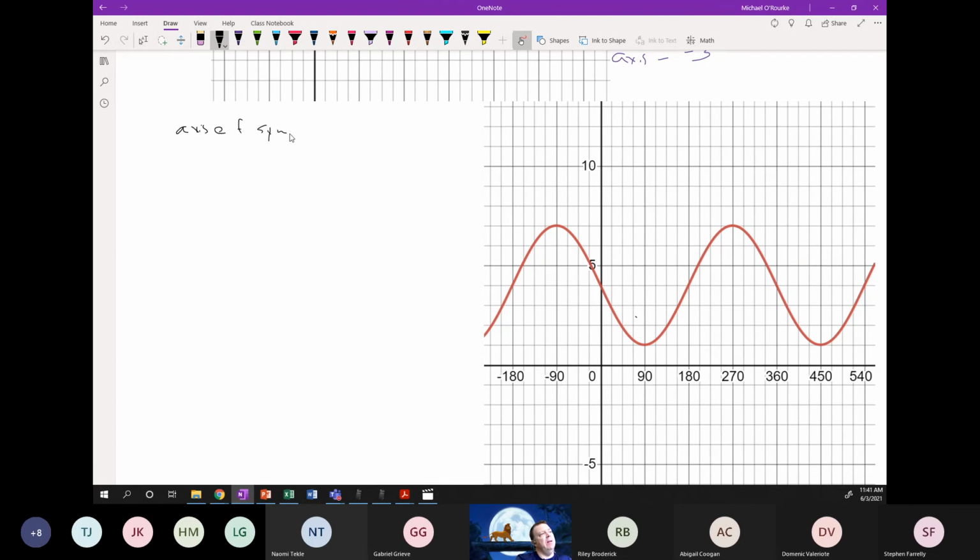Because it lets you see everything. So we're going to take max plus min divided by 2. I'm going to give you guys 30 seconds to work on that.